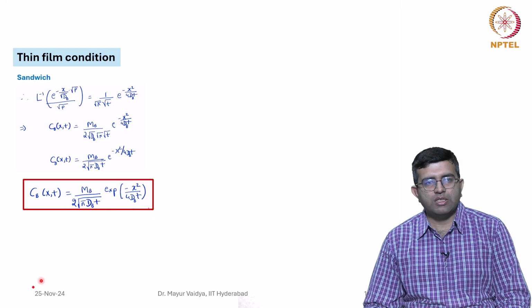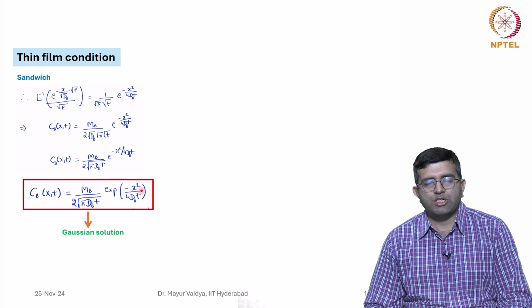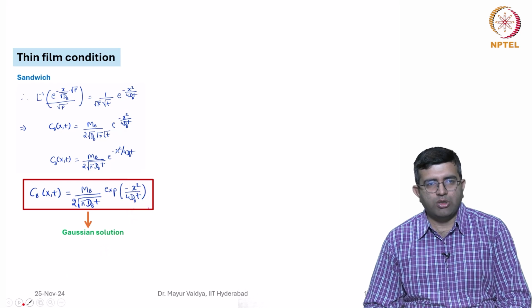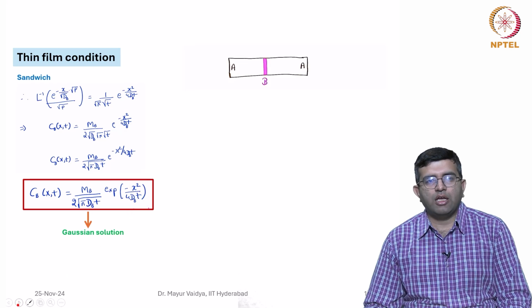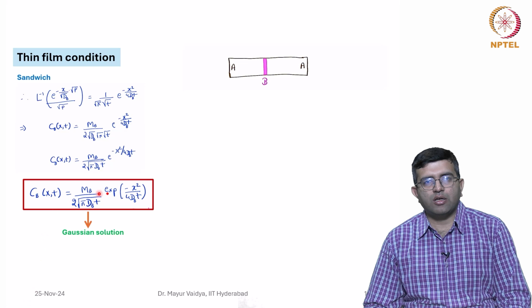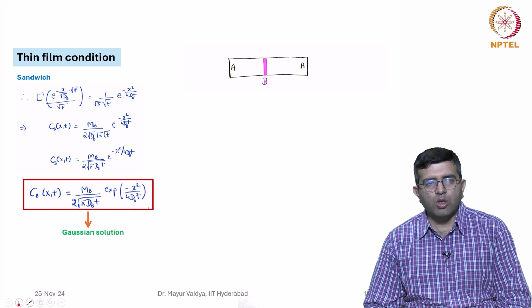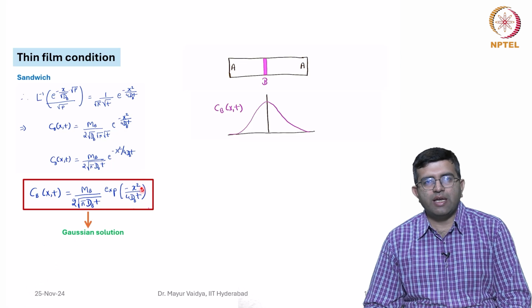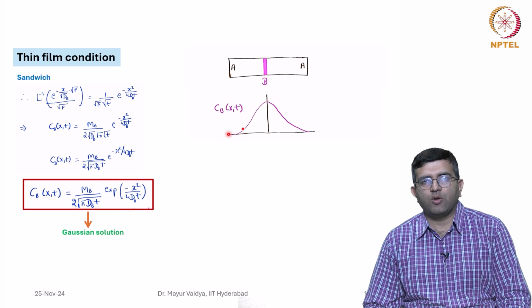Here you will see this is what is known as a Gaussian solution. Exponential minus x square by 4 D_B t. And if you plot this solution, at any time t, because it's an exponential function and it goes to 0 at minus infinity and plus infinity, you will see this kind of a distribution.